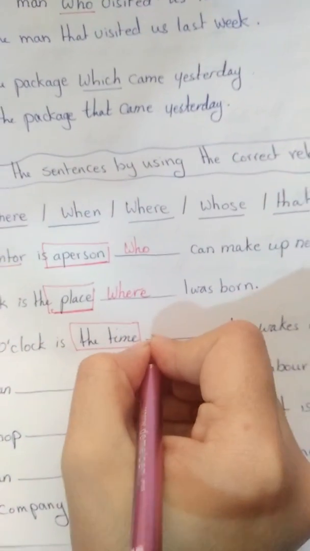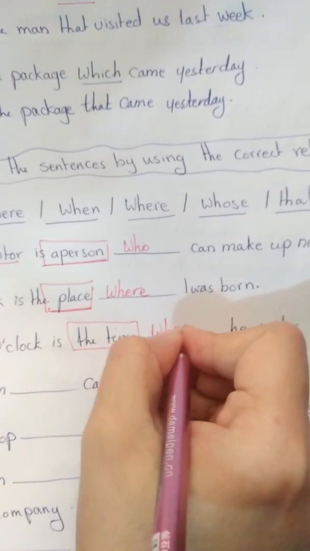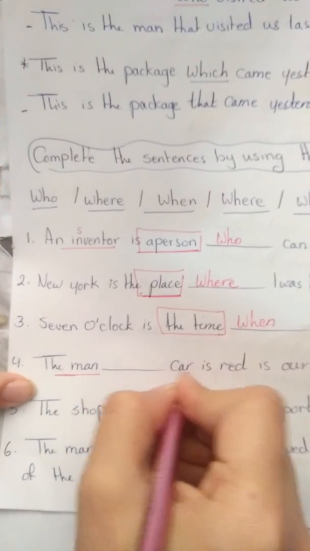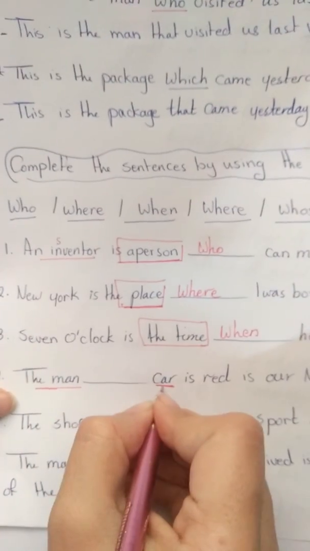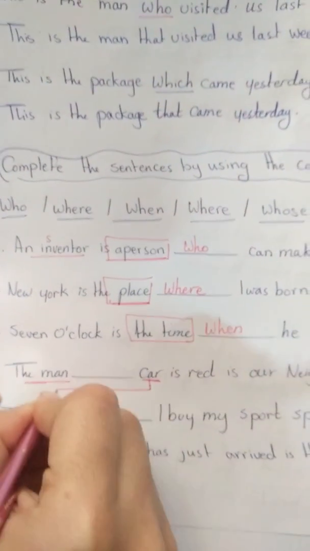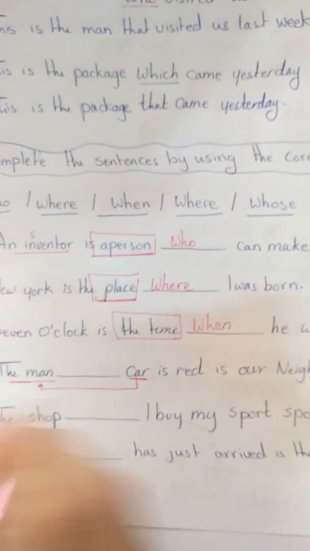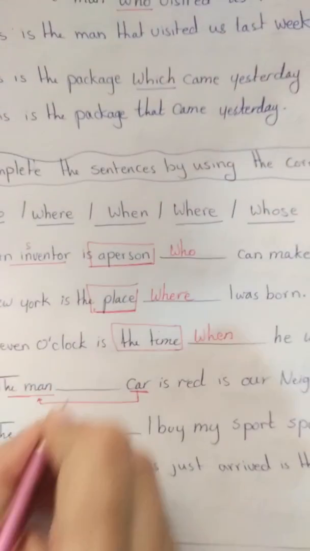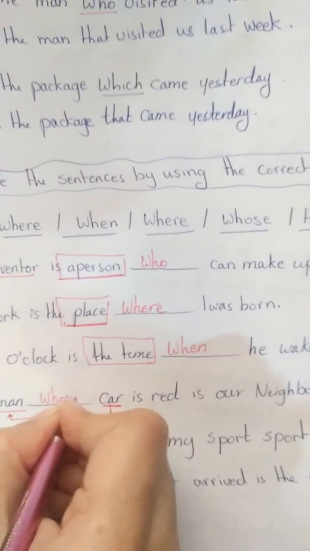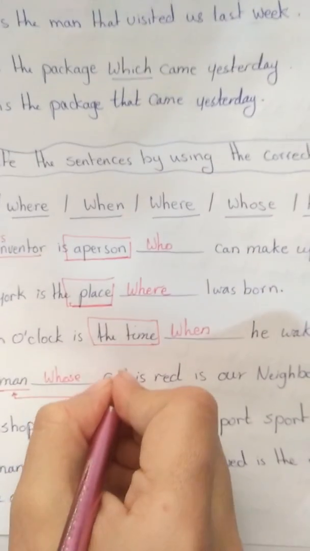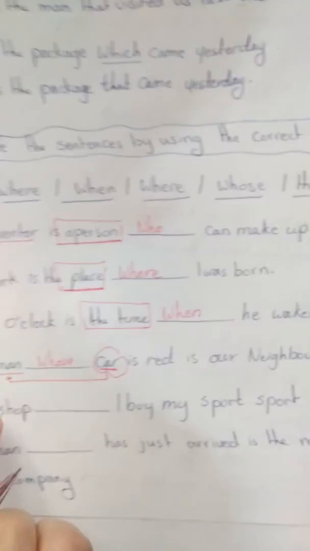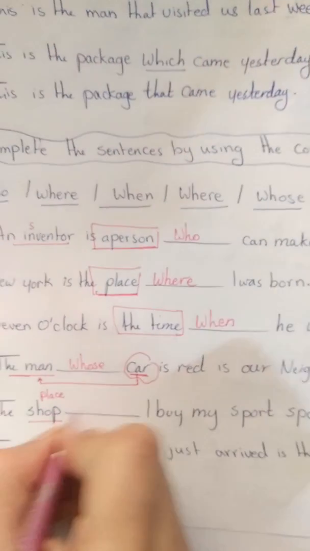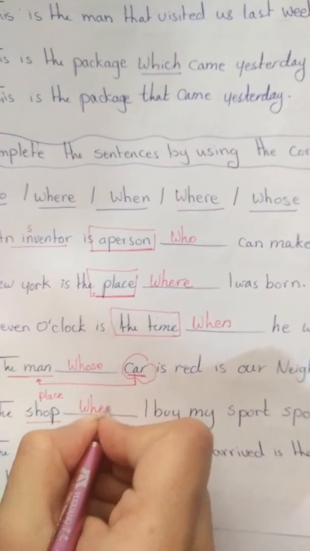Because it's a time, we will use when. The man and car: because the car is possessed by the man, we will use the possessive relative clause, whose. The shop is a place, so we will use where.